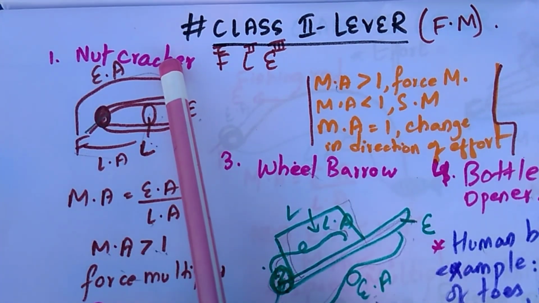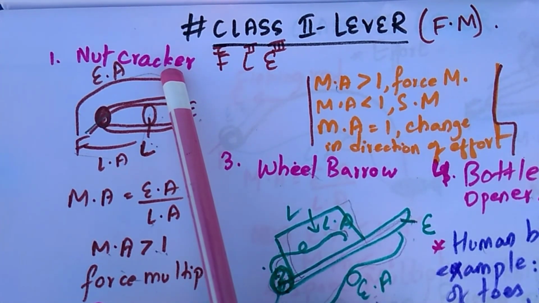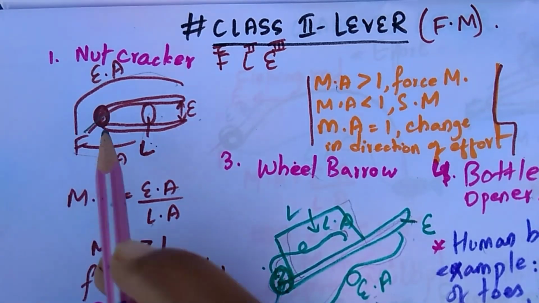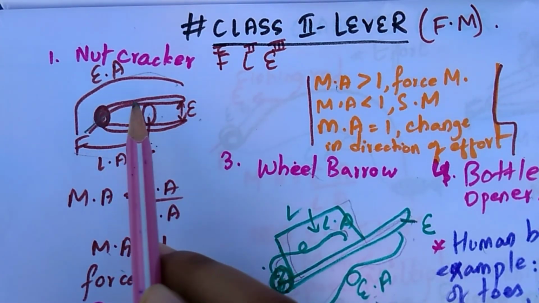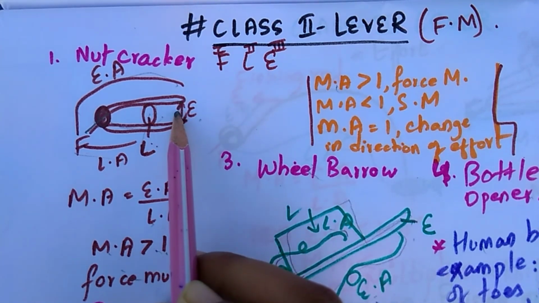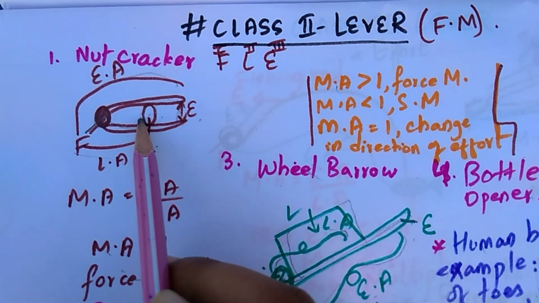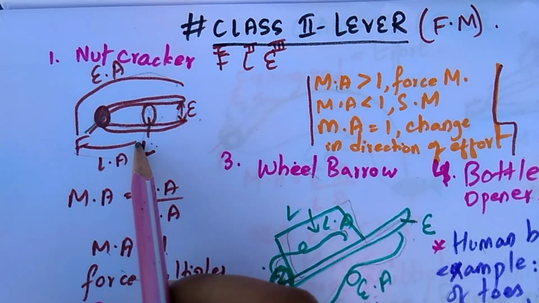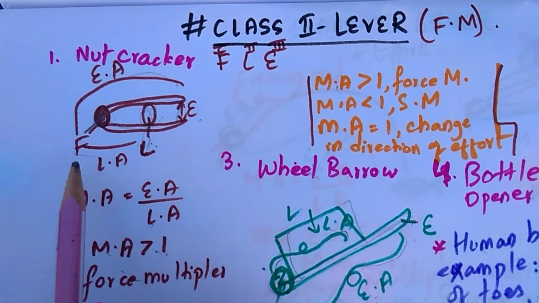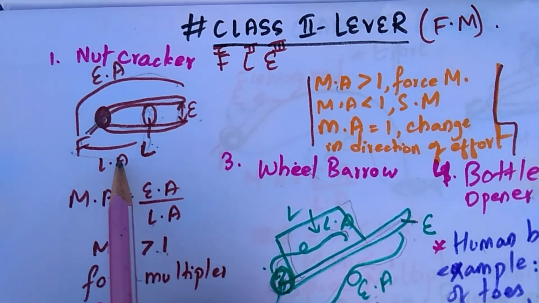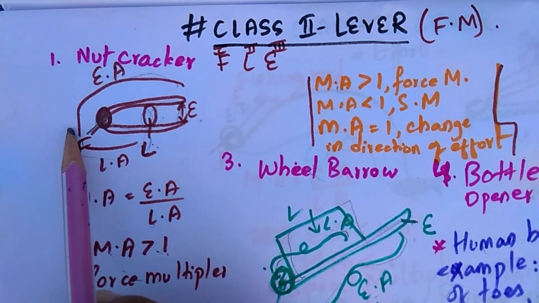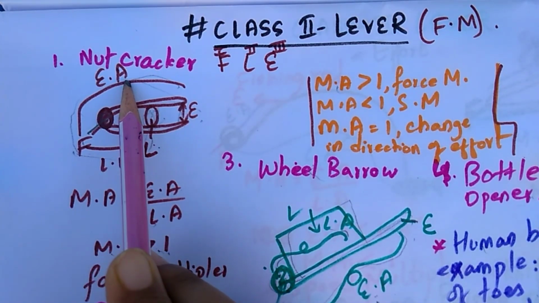Number 1, it is nutcracker. I have given you this example earlier also. This is the fulcrum about which it rotates, and these are the handles from where you apply effort, and this is the load where you place your nuts and all, walnuts and all. So the distance between the fulcrum and the load is known as load arm, and the distance between the fulcrum and the effort is known as effort arm.